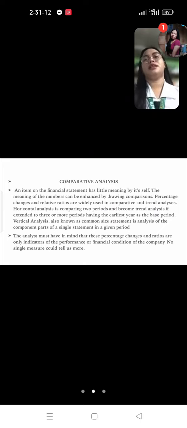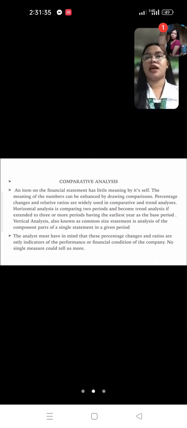When we say horizontal analysis, it is comparing two periods and becomes trend analysis if extended to three or more periods. Vertical analysis is known as the common size statement, wherein you are comparing the component parts of a single statement at a given period.